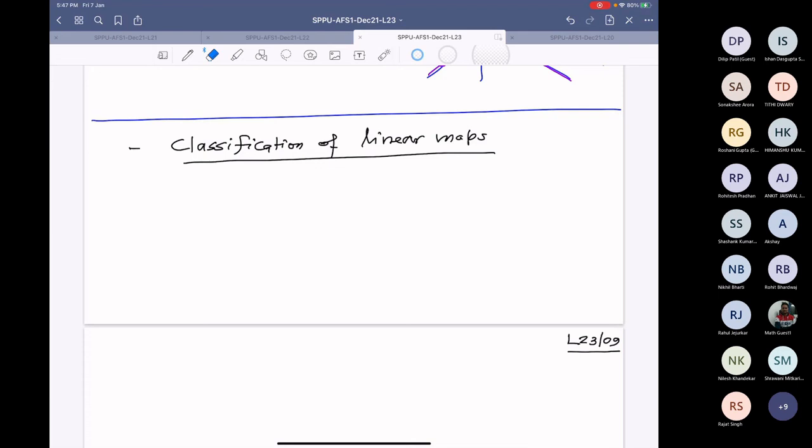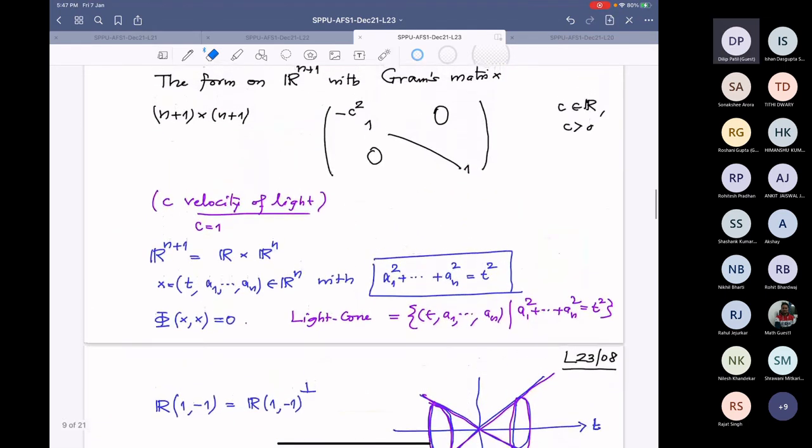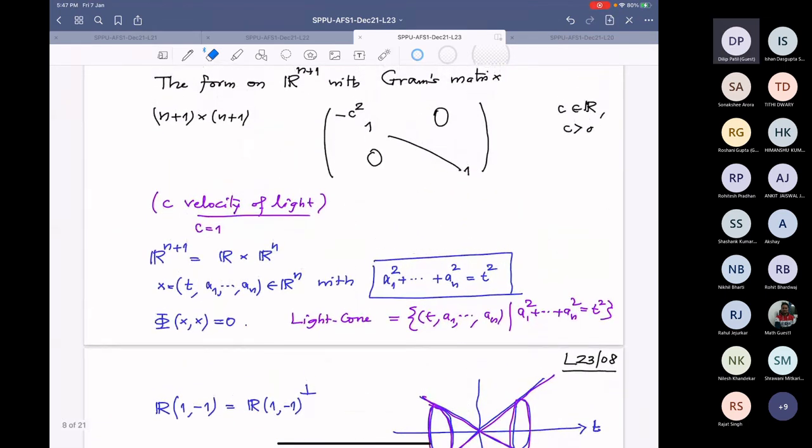Right? So now my problem is, we have classified linear maps, and now I want to classify all Hermitian and Skew Hermitian forms. Is that clear? That is what I am up to now.